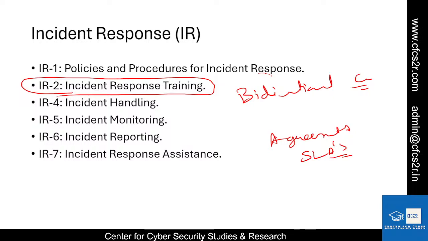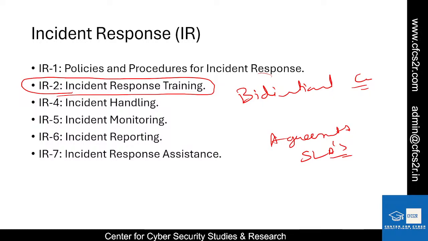The organization should ensure that critical suppliers are included in incident response training. Your employees are already part of the training schedule of your organization, but this control is asking you to ensure that the critical suppliers, which supply you the components and important parts, are also part of the training.